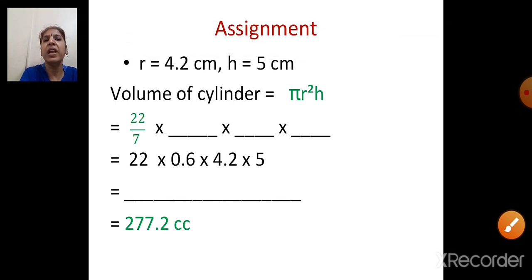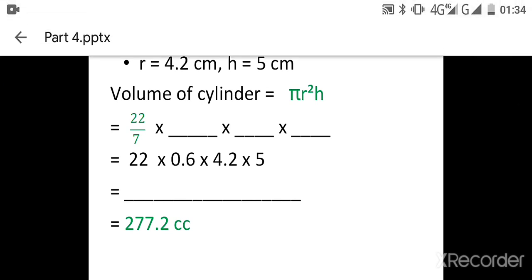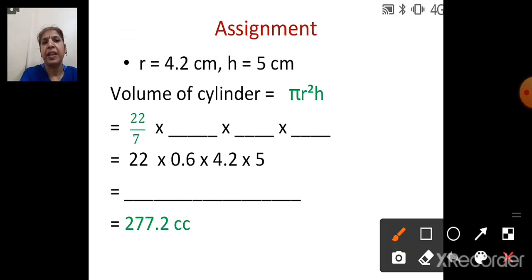And now 4 values are given, children. It is up to you how you are multiplying. And better, where you have the 5 or multiples of 5, multiply with the even numbers. So you multiply 22 with 5, you will get 110. That 110 if you multiply with 0.6, your 0 will go with the decimal.